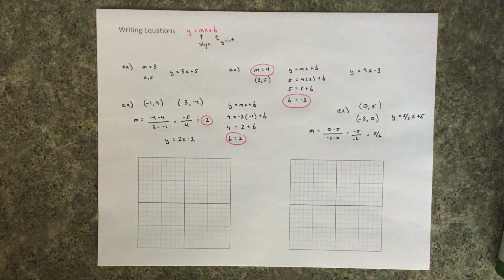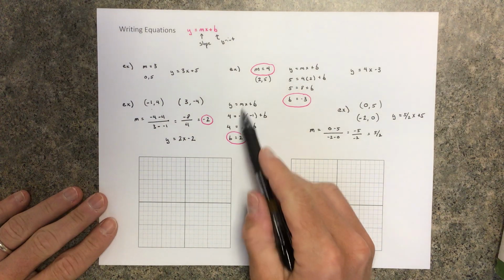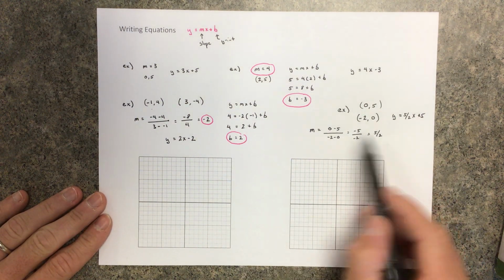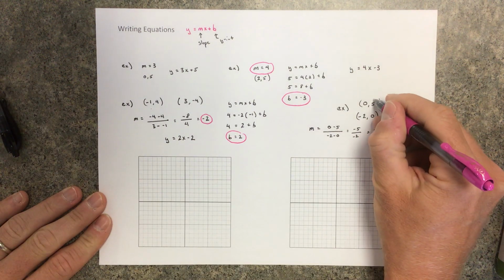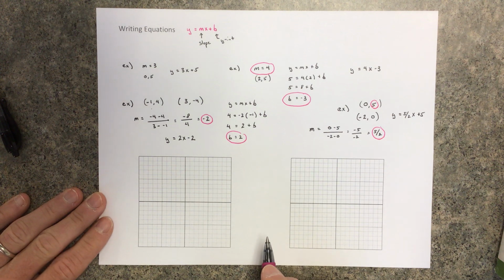Again, in that particular case, one of the points was the y-intercept, so I didn't even need this extra step of finding b. I know b, and I know the slope. Again, once you know b, and you know the slope, you can write the equation of the line.